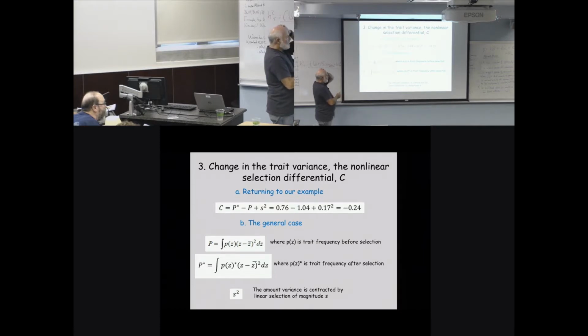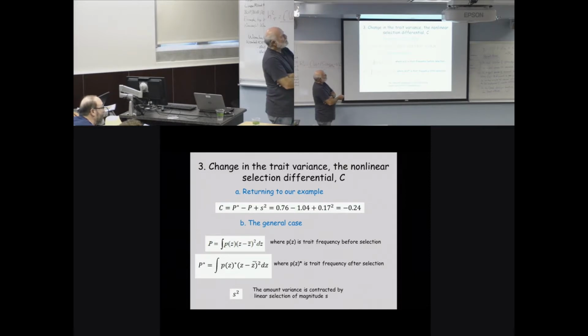Now, here's a tricky thing: we're going to add a correction term, S squared, and I'm going to explain why we do that in a minute. By adding this correction term, this contrast in variances plus the correction term is going to be equivalent to a covariance. But P star minus P doesn't have that property.